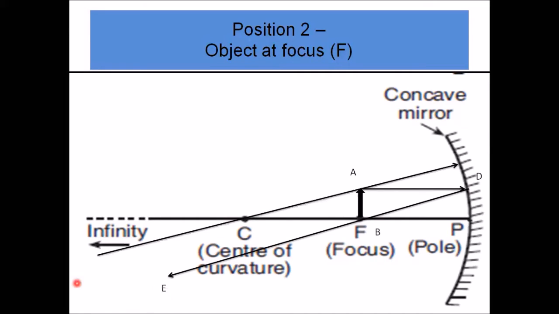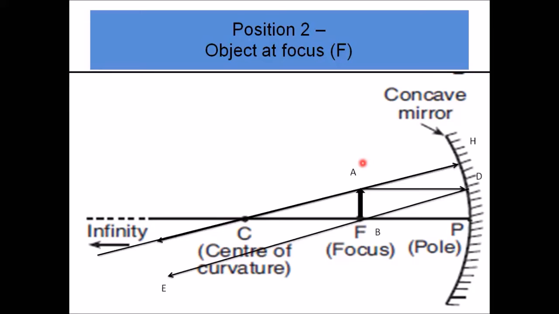Then the second ray of light will fall on the concave mirror in such a way that it would pass through the center of curvature. That ray will be AH. According to our second rule, it will return back along the same path.